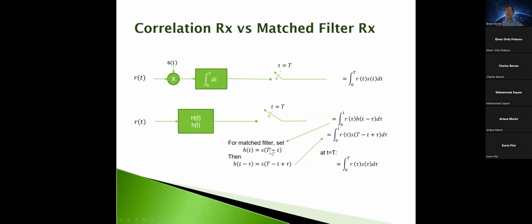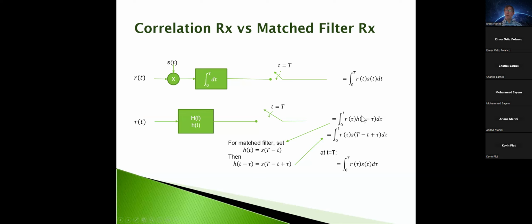So we have this period T that we're looking at, and so we're creating this T minus lowercase t. This is what we define as a matched filter.